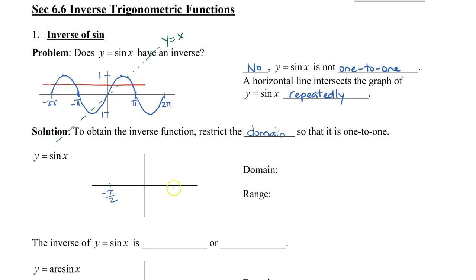And the part that we're going to take is from negative pi over 2 to positive pi over 2. All right, so with that, we also have a range from negative 1 to positive 1.